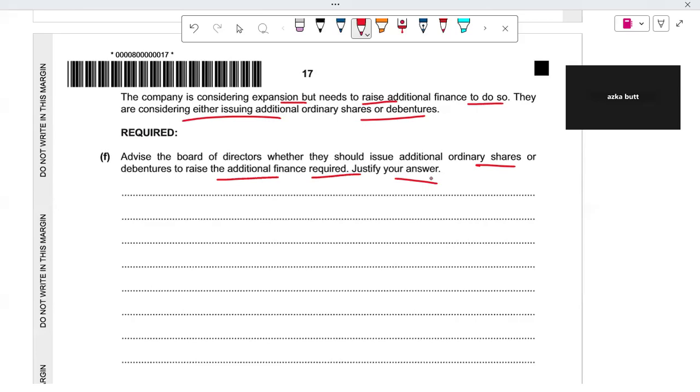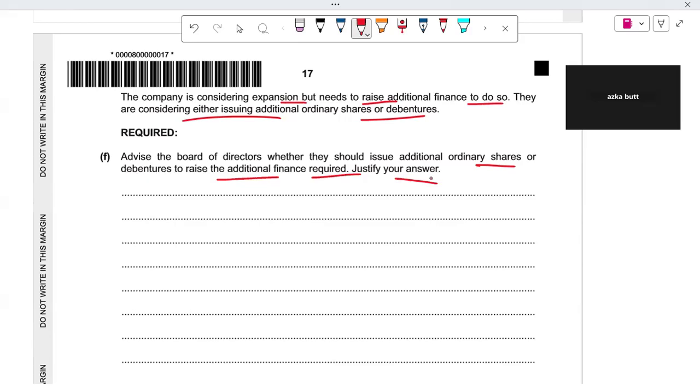And issuing debentures will be a kind of liability or loan for them. They have to pay them. And if they issue the ordinary shares, they don't need to repay. Of course, this is the shares. So in my point of view, they should issue the shares.